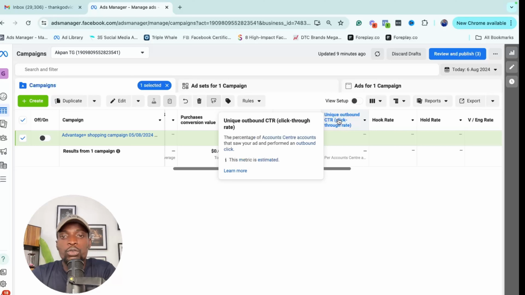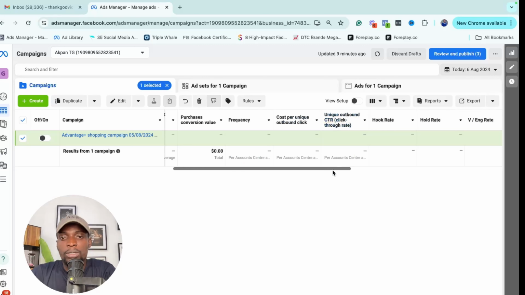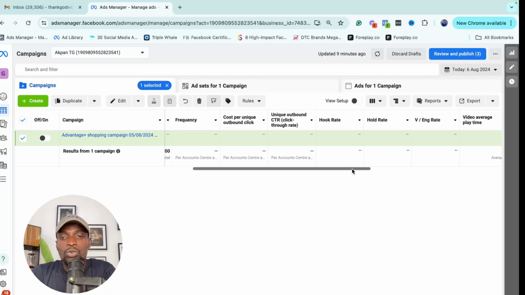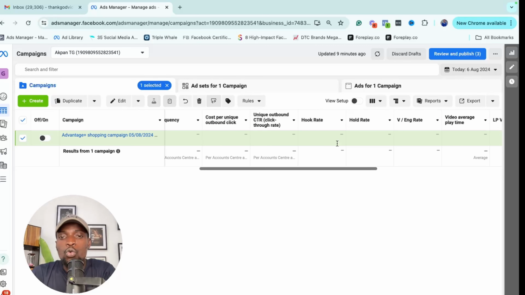I also use my unique outbound click-through rate instead of just the click-through rate option there. I use this because it gives me much more idea into how many people are looking at my ad, clicking on my ad, and taking them to the website. So these are two metrics to look out for as you optimize your ad account. And the next, which is where it begins to be interesting, is my hook rate.